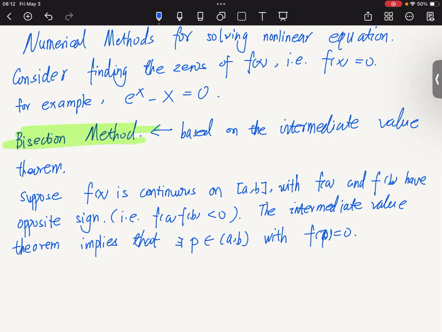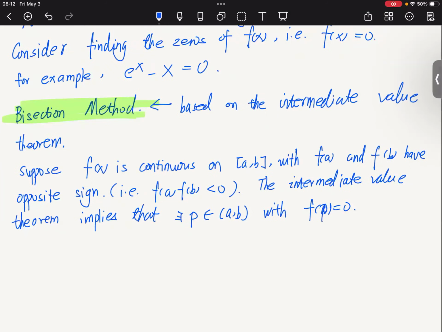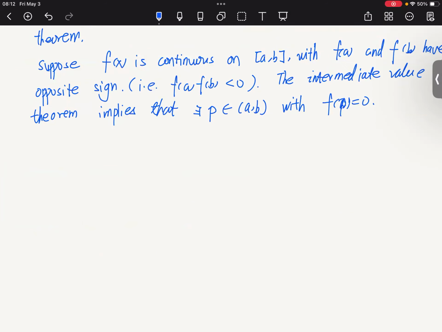I don't know which solution is going to be approximated, but it would give you one of the solutions. So let's begin our algorithm. To start off, I'm going to give you some picture here first. This is a picture.